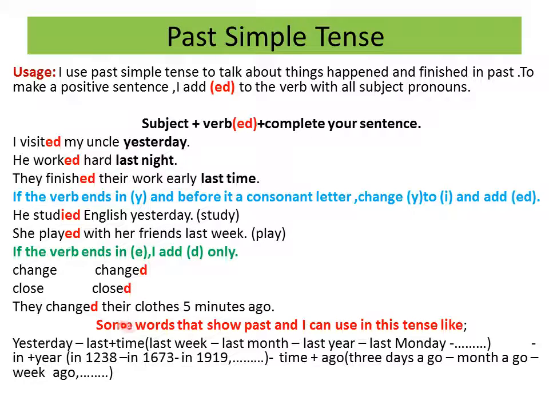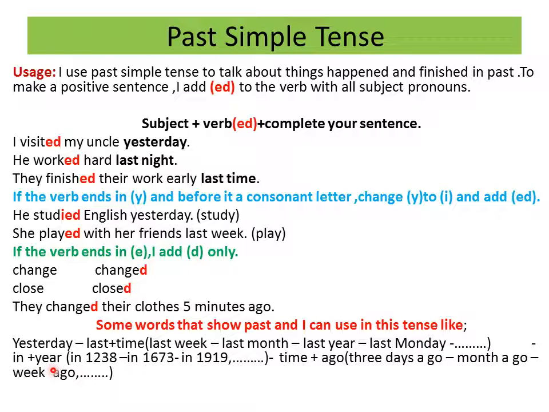We have some words that we can use to show the past. Like what? Words like yesterday, like last time. You can say last week. Last plus time: last week, last month, last year, last Monday, last weekend.